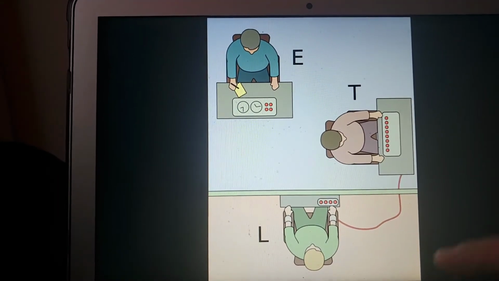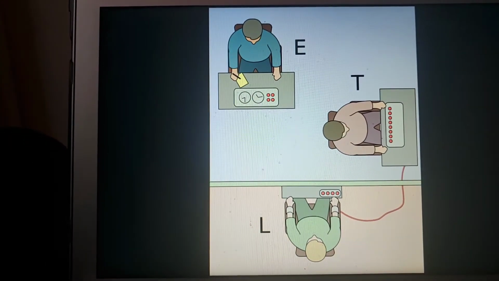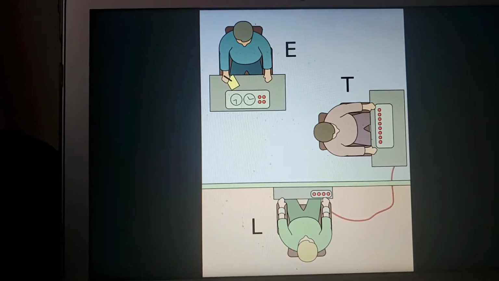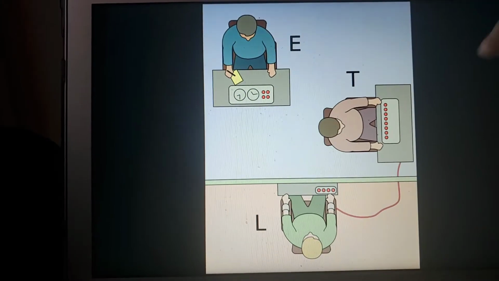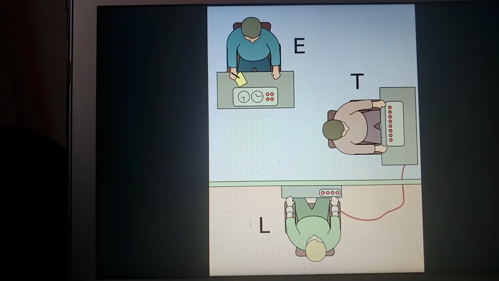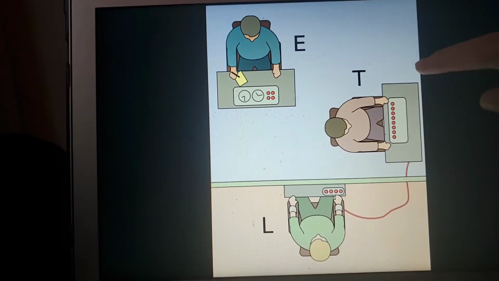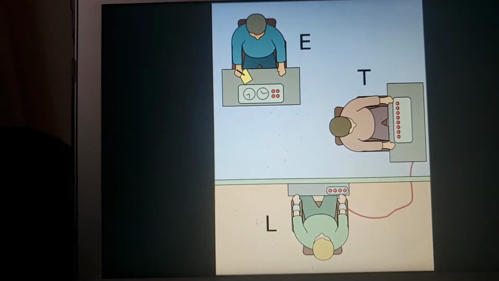And letter L, on purpose, because it's all scripted, is going to say 5. T's going to say, oh, that's wrong, and send him electricity to shock him. And every time he gets a question wrong, you see the panel, it's going to be a higher and higher amount.